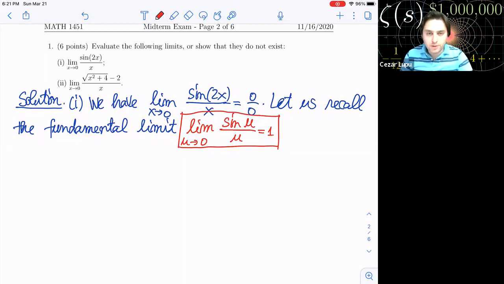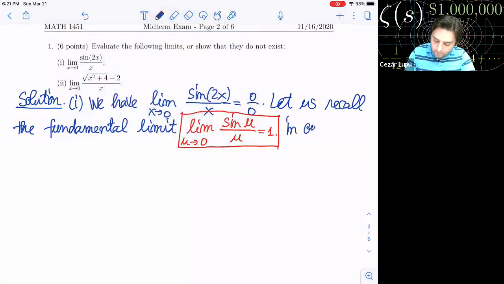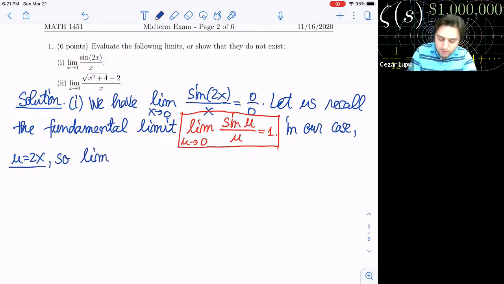So what should we do? In our case, u will be 2x. As u approaches 0, 2x approaches 0, so x approaches 0.